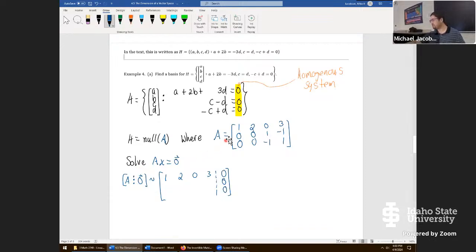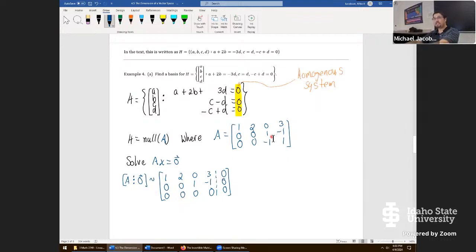Now let's do some row operations. Don't have to do anything to that row, so it copies in: 0, 0, 1, negative 1. Then we'll add row 2 to row 3, replacing row 3 to get 0, 0, 0, 0. At this stage, it's done. This is in reduced row echelon form.